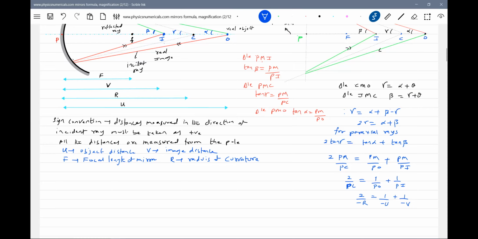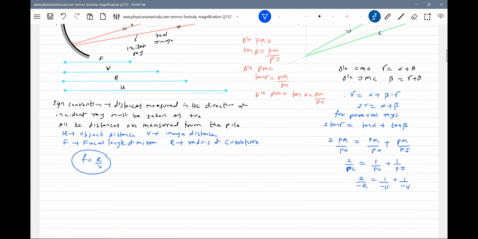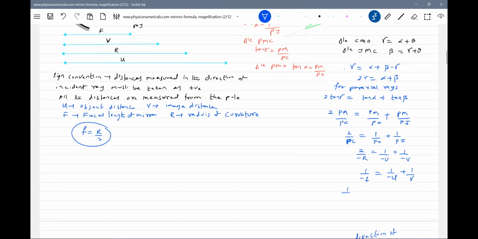What is F equal to? R by 2. Yesterday, in the previous class, we have derived this. So in place of R by 2, we can write 1 by F. Solving this, finally I'll end up with this, our mirror formula.